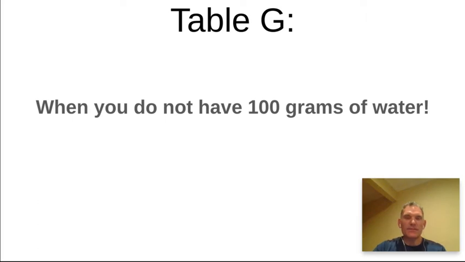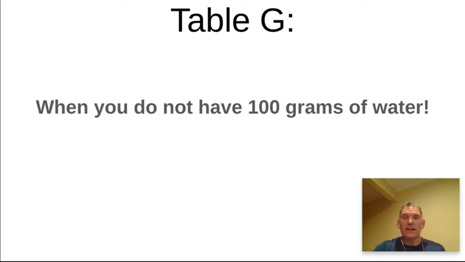It seems like forever. But today we're going to move on in our lesson talking about Table G. And once again, on Table G, we're talking about the solubility of different salts. And we see that sometimes the solvent is not in 100 grams of water. So we have to understand when it is in 100 grams of water and when it's not.